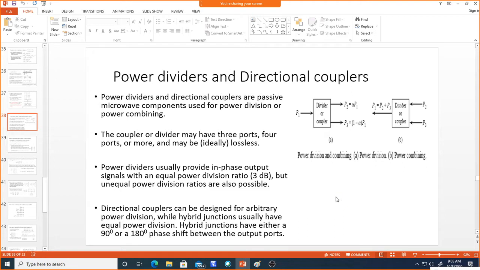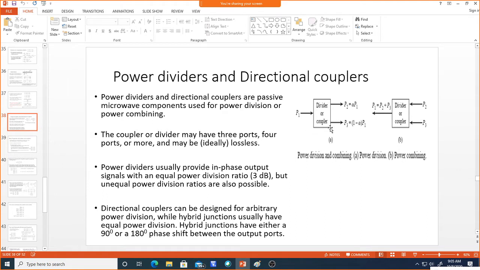Some of the couplers have a phase shift along with the power division. For example, hybrid junctions give equal power division, but have a phase shift at the output ports. So this is about the power dividers and directional couplers, and we will see what types of power dividers and couplers there are for power division.